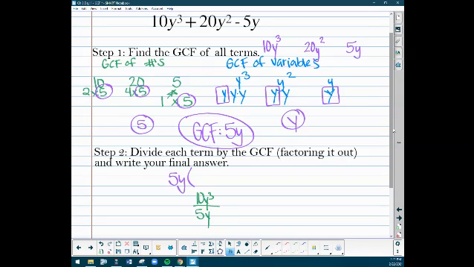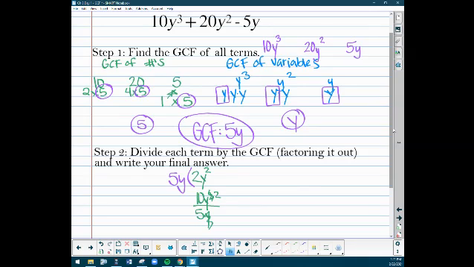Okay, so remember with these, I know it's been a couple units, but we should still have this skill. Number divided by a number, 10 divided by 5 is 2. And then y to the third divided by y, I have 3 y's on top. It's going to cancel with 1 y on the bottom, leaving me with 2 y's on top.